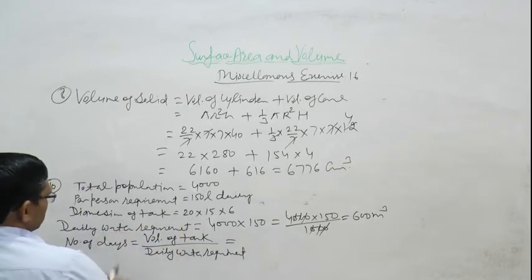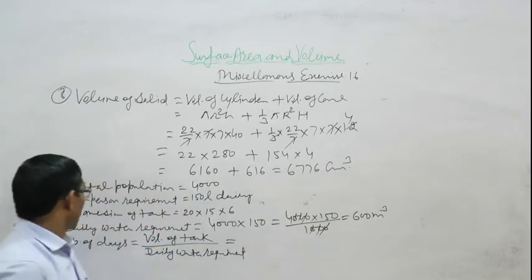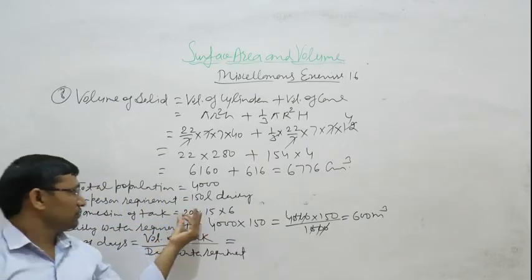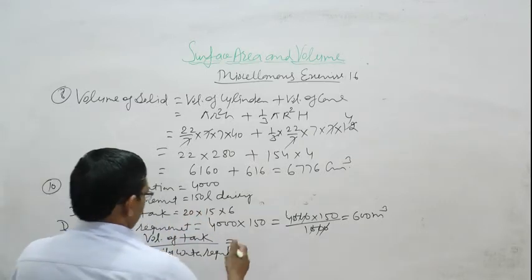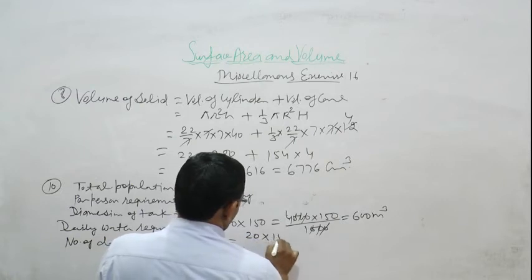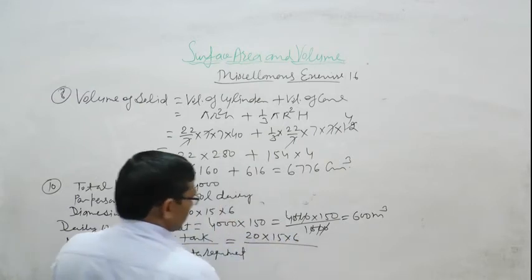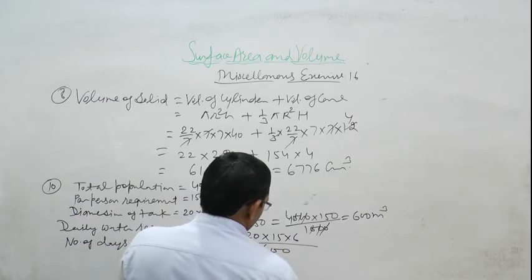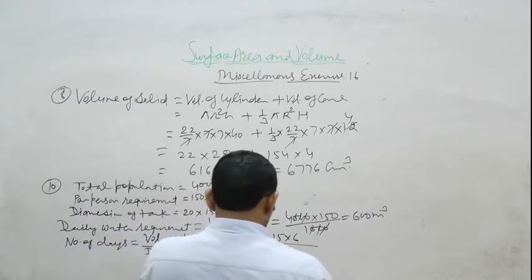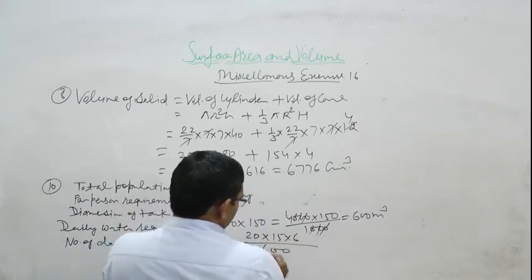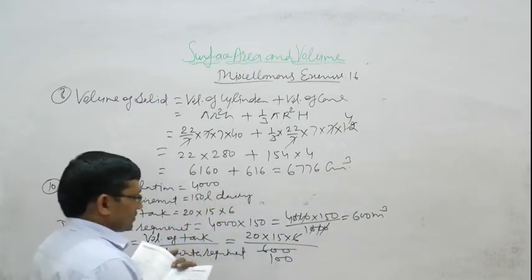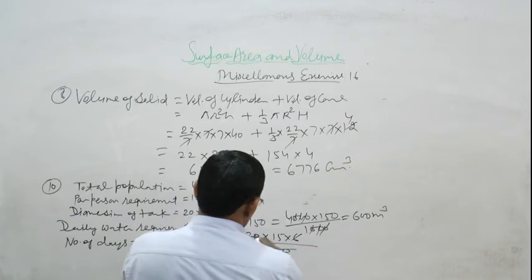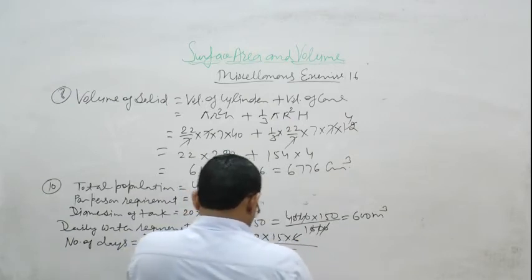Volume of tank, because tank have dimension length, breadth and height, so this have cubical shape. It means 20 multiply 15 multiply 6 divided by 600.